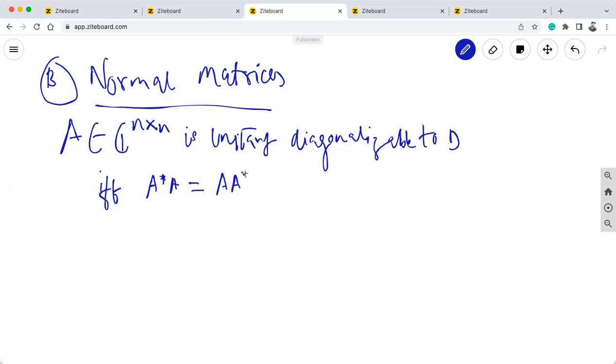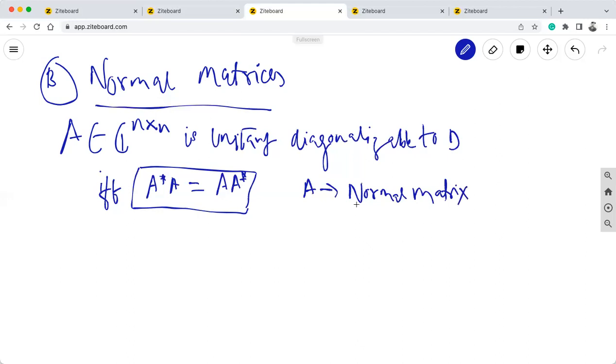If for certain matrices this property holds, so that the product of the conjugate transpose with the matrix equals the product of the matrix with its conjugate transpose, if they give the same result, then A is called a normal matrix. For this kind of matrix, EVD always exists. Eigenvalue decomposition, we will read at some point of time what it is. This particular decomposition always exists for the normal matrix.